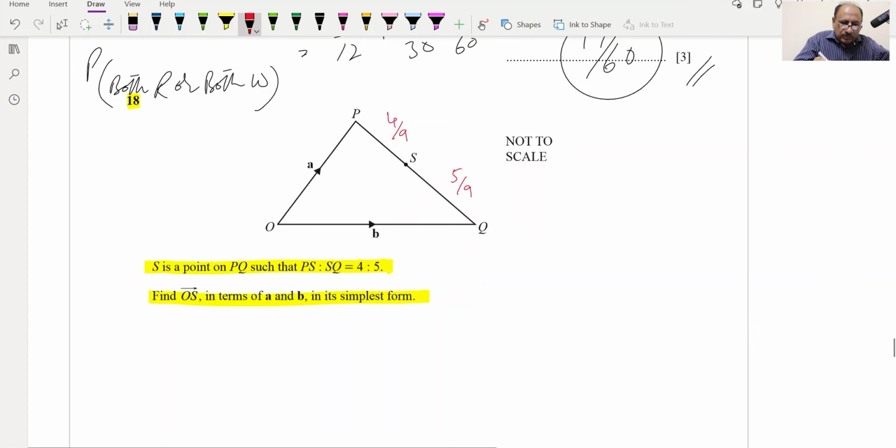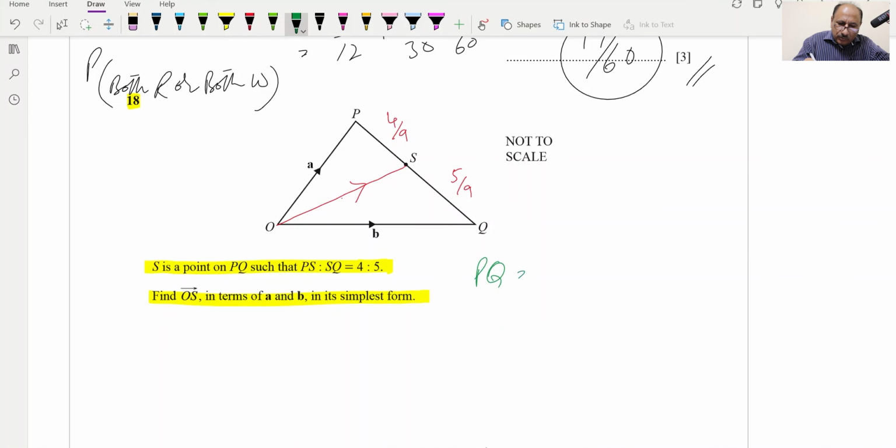So OS, we can draw OS will be this one, and we can take arrow direction also to this side. I'll erase this and redraw as a single line like this one. So this is OS. Now first of all, we will find basically PQ. Now PQ is equal to what?